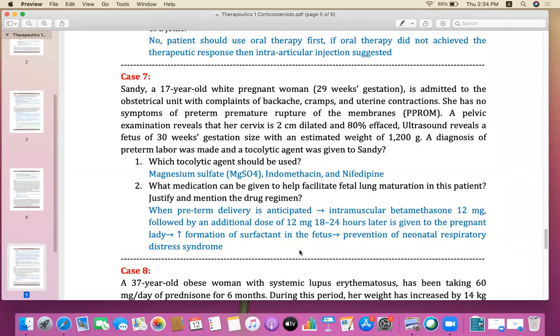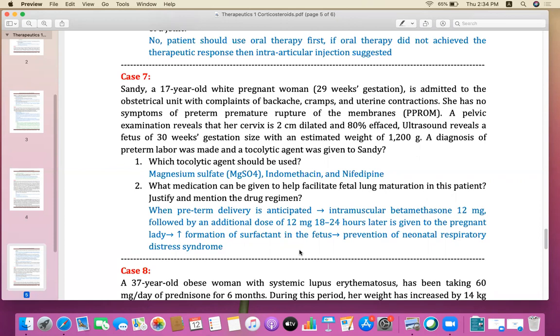A pelvic examination revealed that her cervix is 2 centimeter dilated and 80% effaced. Ultrasound reveals a fetus of 20 weeks gestation size with an estimated weight of 1200 gram. A diagnosis of preterm labor was made and a tocolytic agent was given to Sandy.